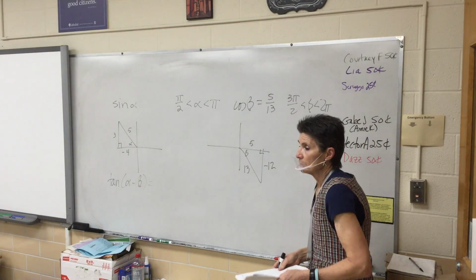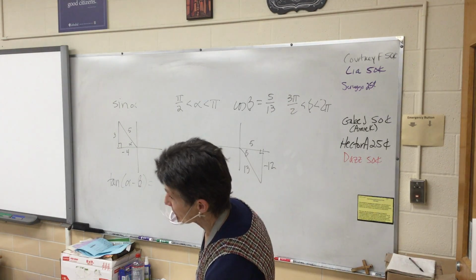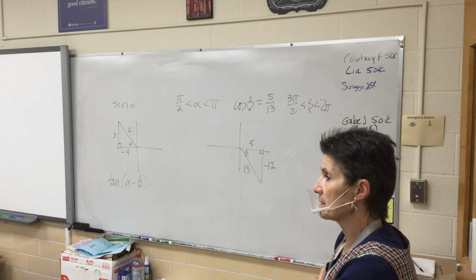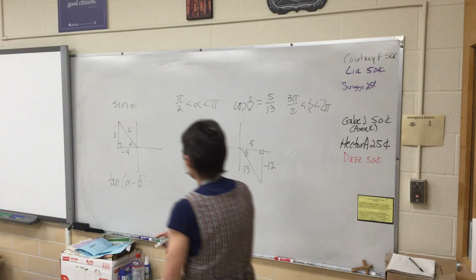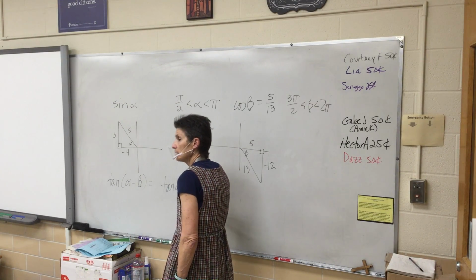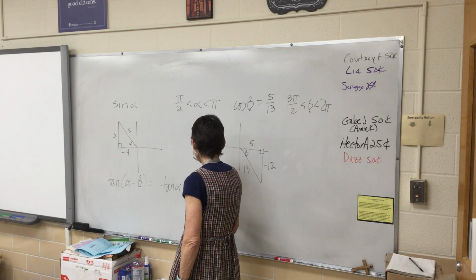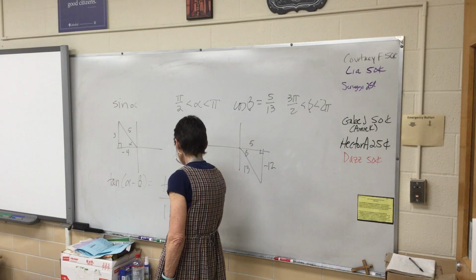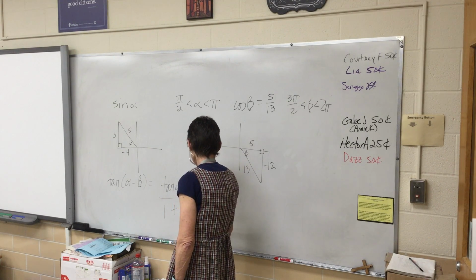All right, so on your note card, which you don't have yet, but on your sheet, what is the tangent of alpha minus beta? What's the formula? Tangent alpha minus tangent beta over 1 plus tangent alpha tangent beta.